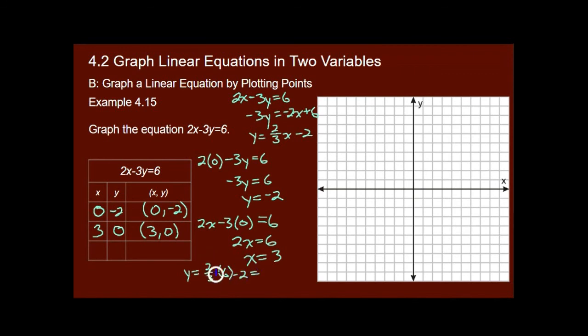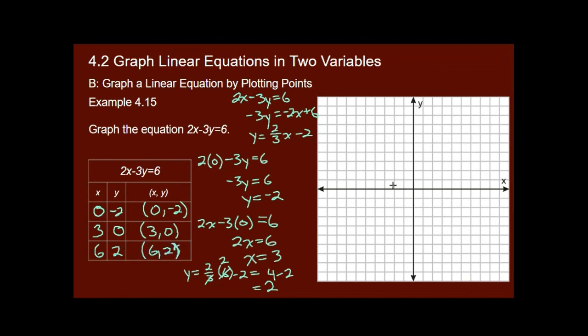The 3 is going to cancel out, and that's going to leave 2 here. So it's 2 times 2, which is 4, minus 2, which is equal to 2. So when x is 6, y is 2. So my ordered pair is (6, 2).